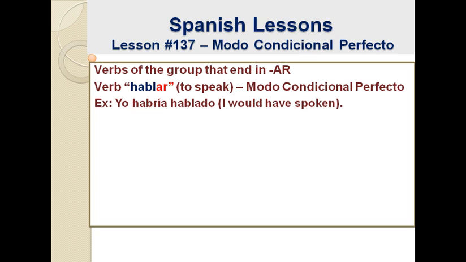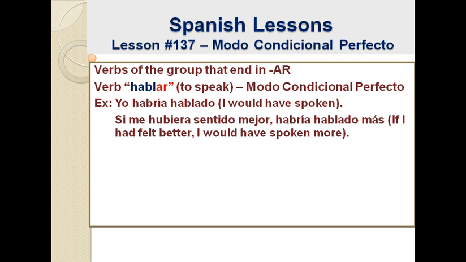So an example using the modo condicional perfecto is yo habría hablado. I would have spoken, right? This is what we call the modo condicional perfecto. Yo habría hablado. Here we have a slightly more complex sentence where you can see the use of this conditional tense. Si me hubiera sentido mejor, habría hablado más.